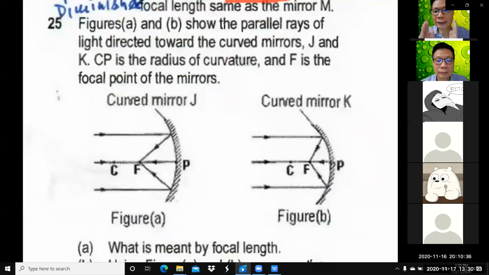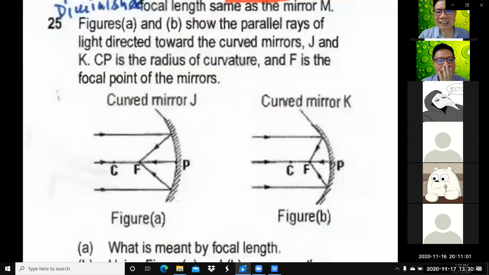Focal length is a distance between where and where? Distance between the focal point and the mirror.